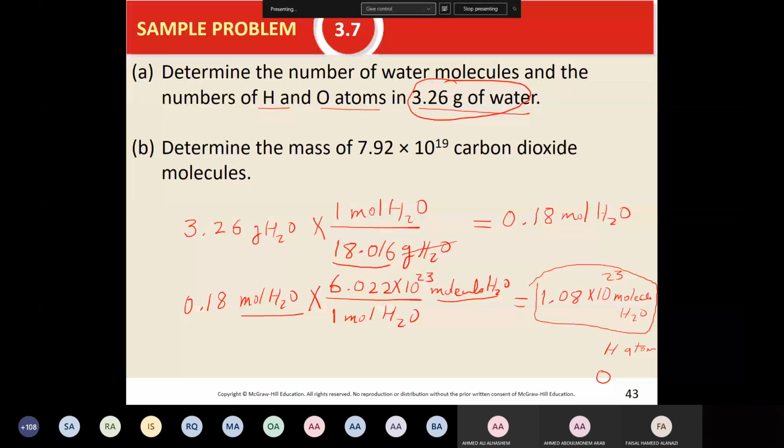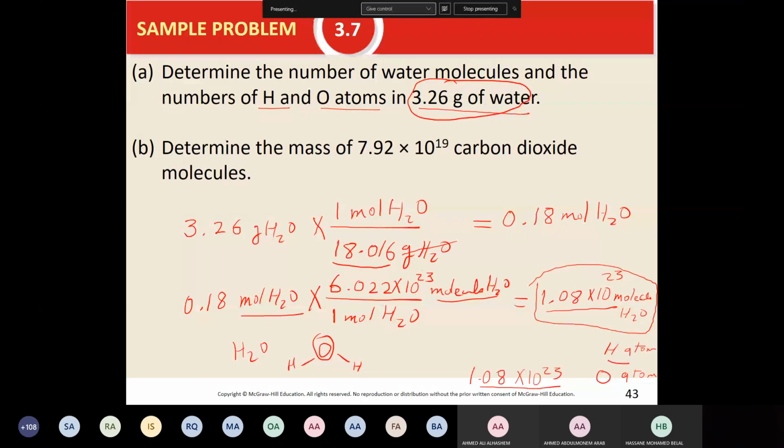How many oxygen atoms? 1.08 multiplied by 10 to the power 23 oxygen atoms. Why? Because each H2O has 1 oxygen and 2 hydrogen. So if I have this number of molecules, I have the same number of oxygen.